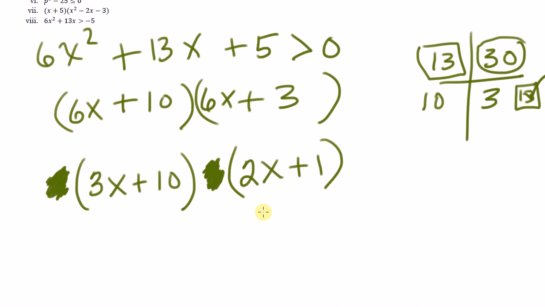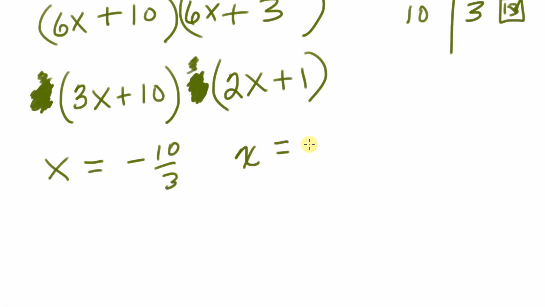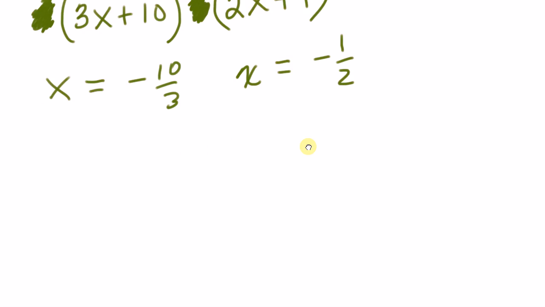And interestingly enough, I don't know if it always happens, but I just noticed that since I put a 6x here and a 6x here, the factors were 2 and a 3, and I don't know if that has anything to do with it, but I just noticed it. Okay, so I have zeros when x is equal to negative 10/3 and when x is equal to negative 1/2.